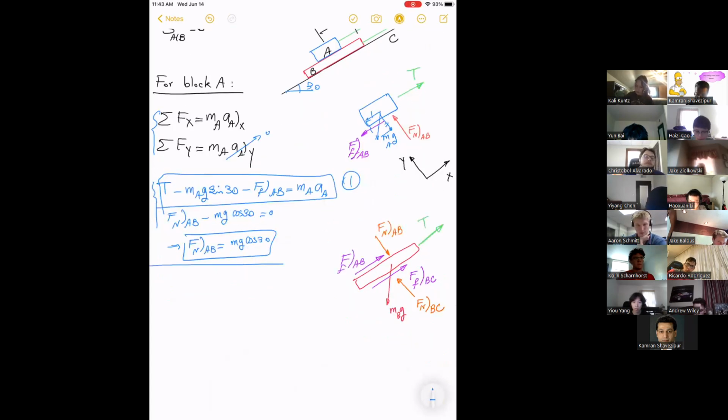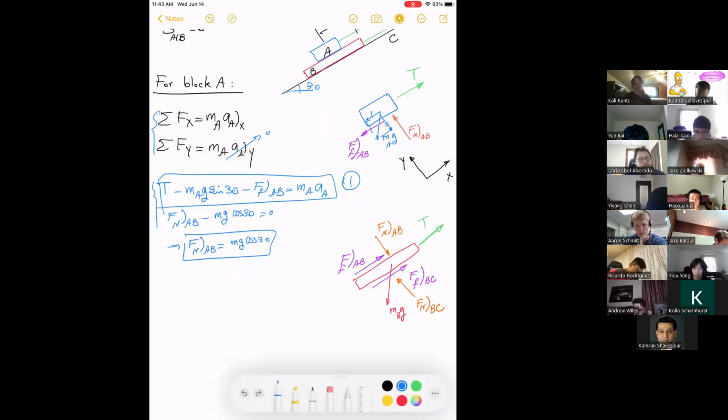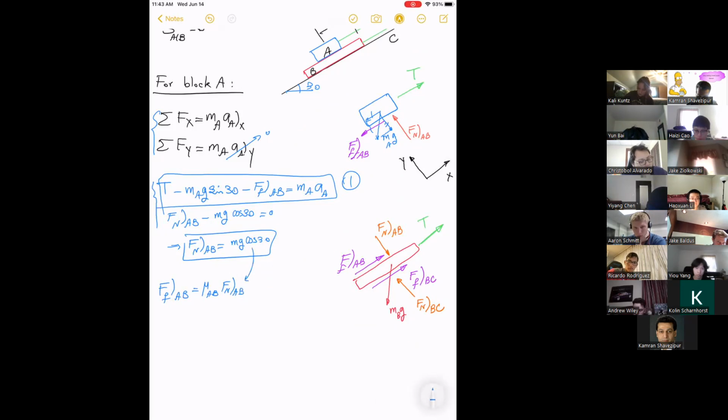Now, I do the same thing. You know what? Let's just go one more step. Because this is kinetic friction, FFAB is going to be mu AB Fn AB. And if you substitute here, FFAB will be mu AB MA G cosine 30. I'm going to substitute this number into equation 1.